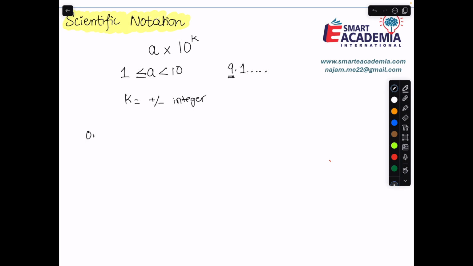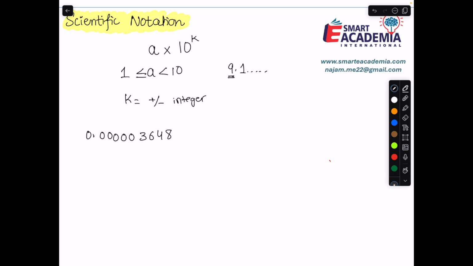A is a real number between 1 and 10, which means it includes 1 and is less than 10, so it will always be in the form of, say, 9.1 with some decimals. You always have a non-zero number here from 1 to 10, with 10 not included, obviously. And k is always going to be a positive or negative integer depending upon the value. Let's see, for instance, we have 0.00003648.